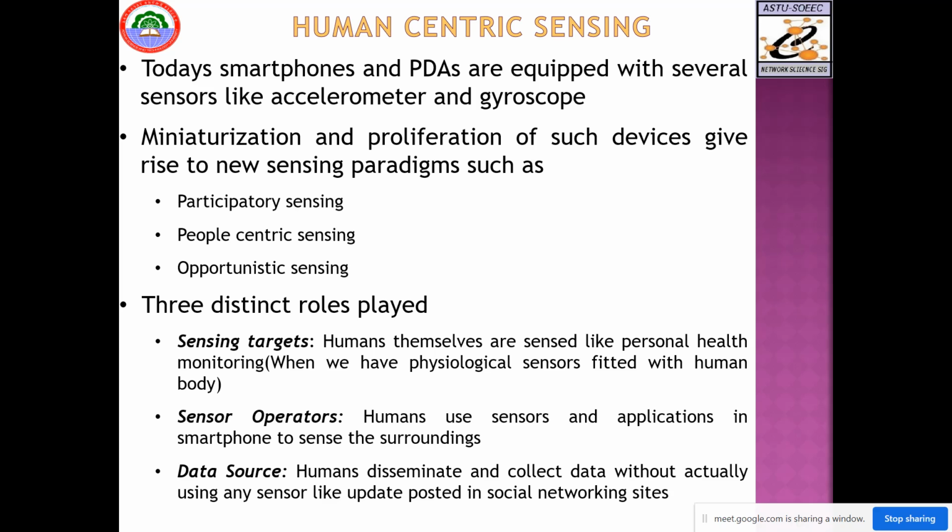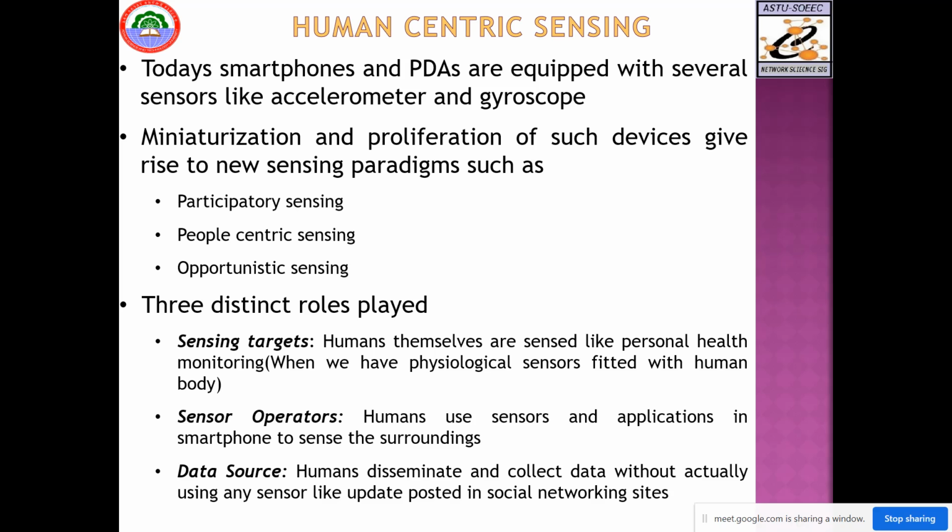On that application, we can see what the sensor has sensed, like the temperature, or the weather condition, or if you have an application to count how many steps, how many kilometers you are walking per day.